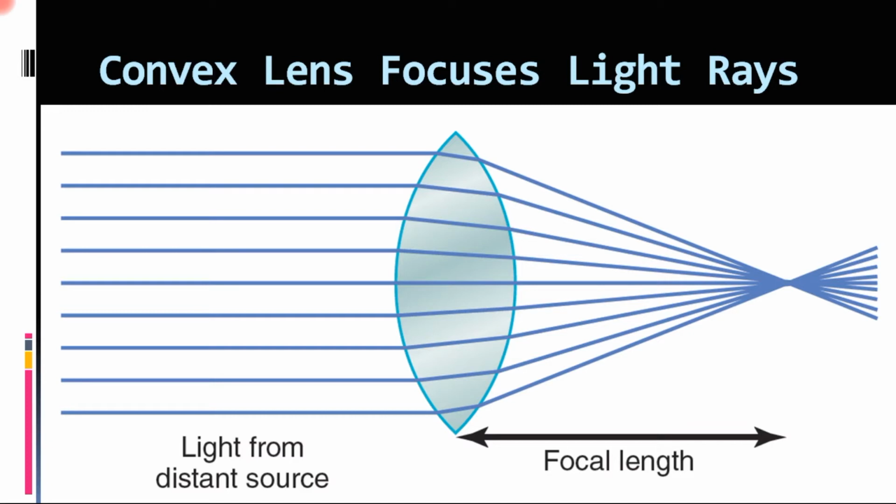Convex converges. As you can see here, the light ray passing through the center of the lens will go uninterrupted, whereas the rays above are falling on an angulated surface. The refractive index is constant, it is not changing, but the angle at which the light rays are falling on the lens is changing.